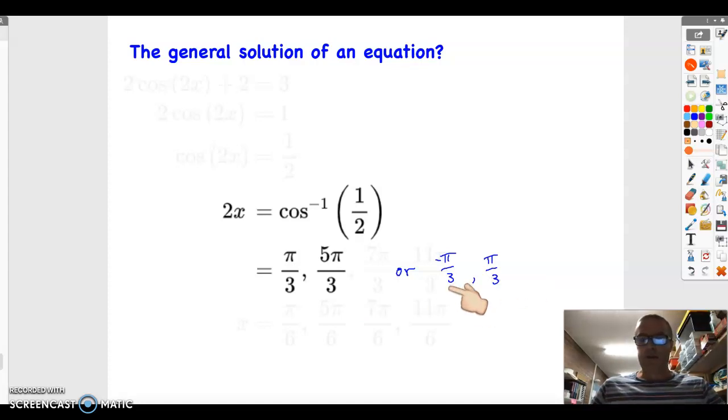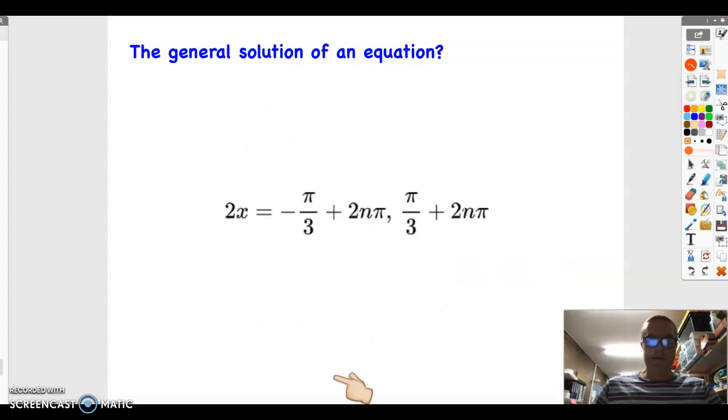So let's look at how we take these two specific solutions and then generalize from those to express the infinite number of solutions that there are. Here we've got our first solution at negative pi on 3, that's our fourth quadrant.